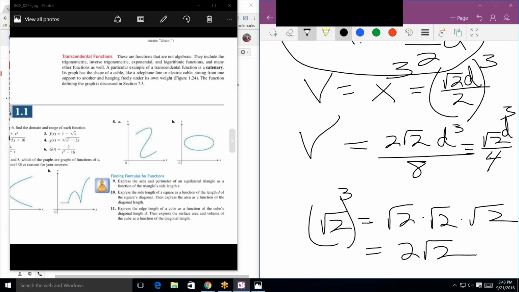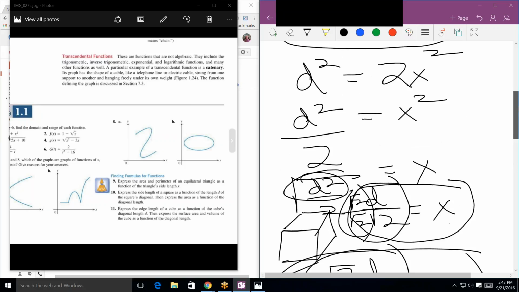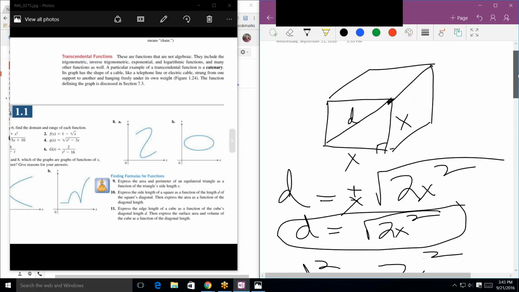Okay. So this entire problem is predicated on doing the first sentence. You can't do the second sentence until you do the first sentence. In other words, until you solve for x as a function of the diagonal, you can't do the others, because all your formulas for the surface area and the volume are a function of x.